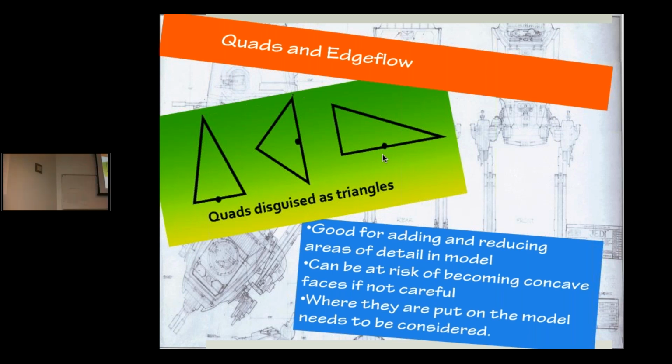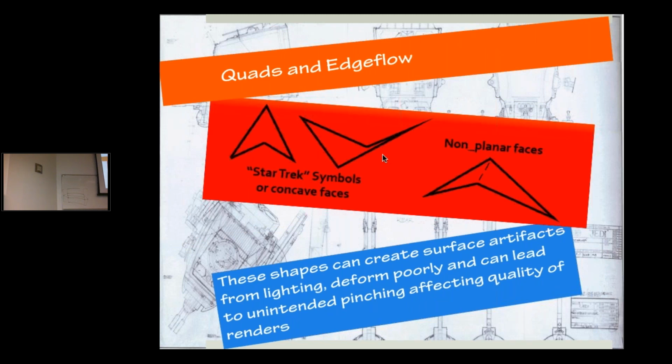All right. But here's where we start getting into trouble. We've got four-sided faces, but you can see that one of the vertices is dramatically to the interior of the face. And these very irregularly shaped faces wreak havoc with our tools in terms of their functionality.